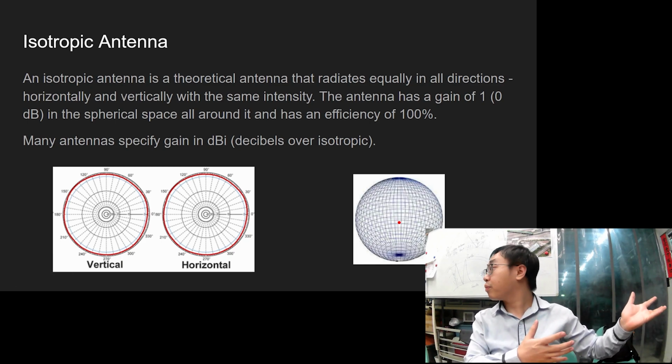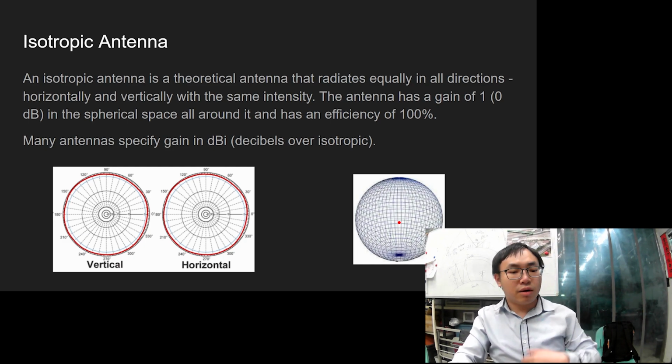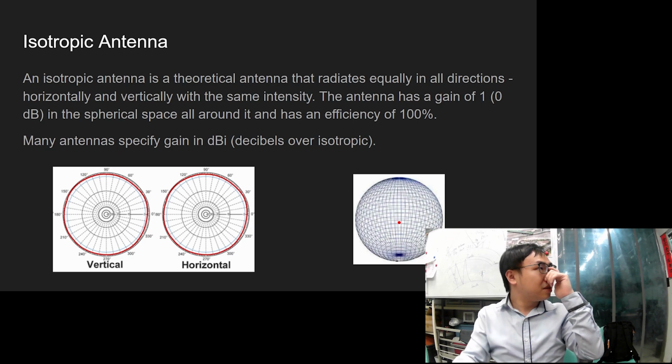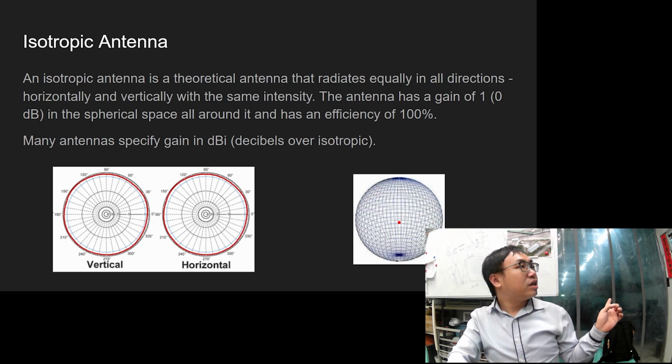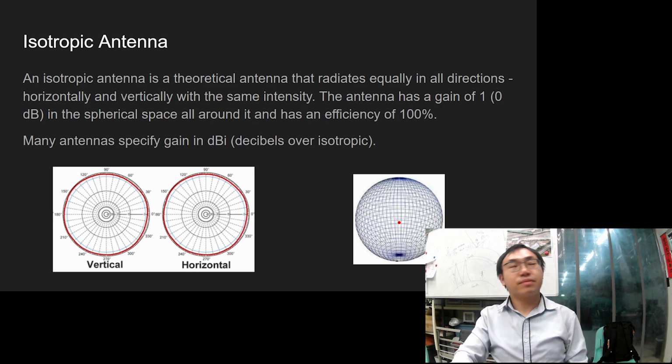Okay, so you have different dB. You will meet these dB terms many times. So the isotropic antenna is like a sphere, and we will reference other antennas to it using the term dBi. But it's not important. I just want to refresh your memory of the term dBi once again, and talk about what dBi is and why we have this weird term.